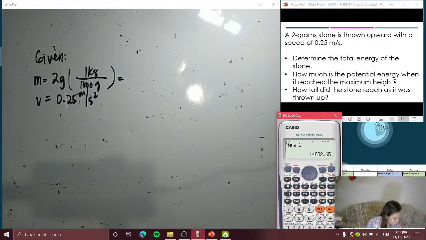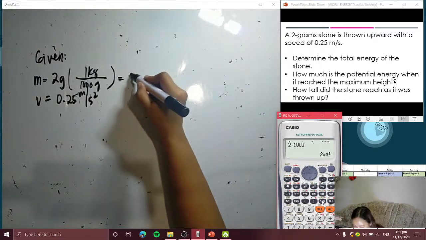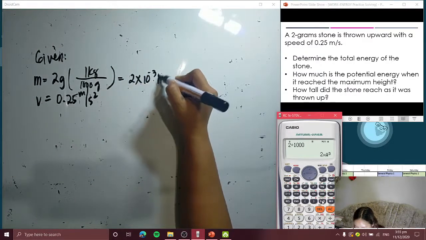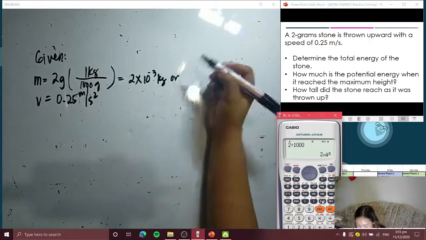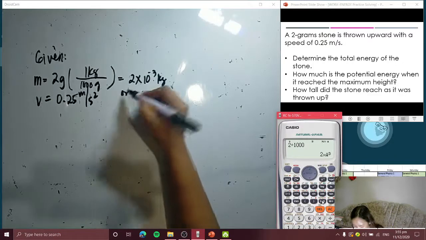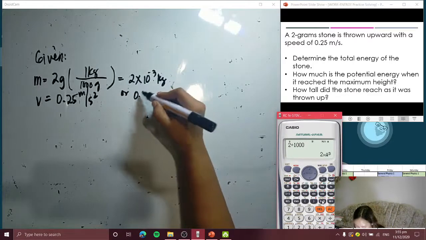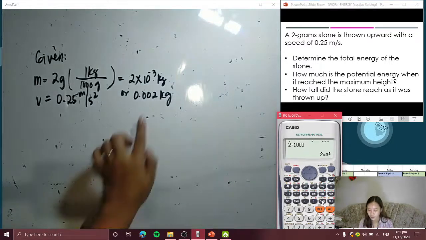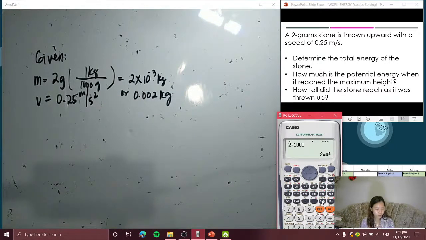Okay, 2 divide 1,000, that's equal to 2 times 10 to the negative 3 kilograms, or 0.002 kilograms. Okay. So, pwede sila nga duwa. Depende kung sino imo gamiton.